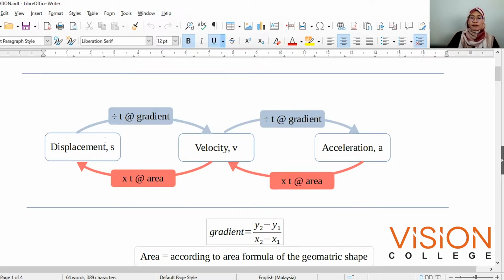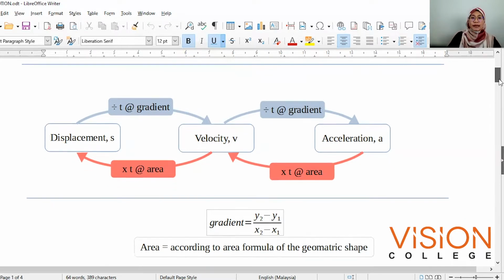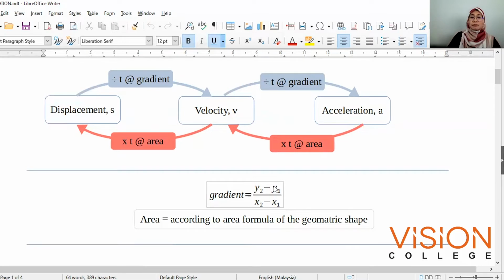Okay, so if you want to go into the analysis of motion graphs, it does not have the multiply or the division part. What we usually do to calculate something is look at the gradient or the area under the graph itself. But before we go to the graph, we have to know the basic formula. What does it mean by gradient?